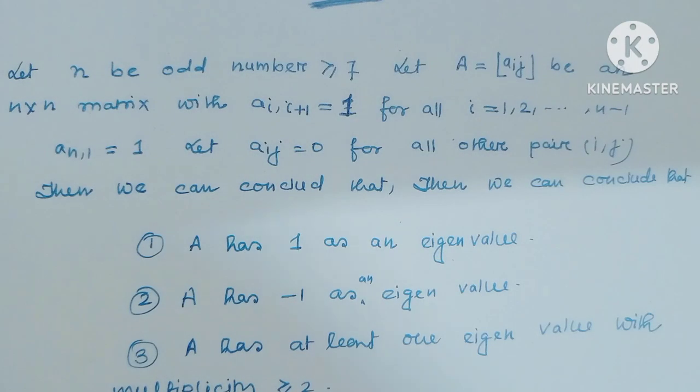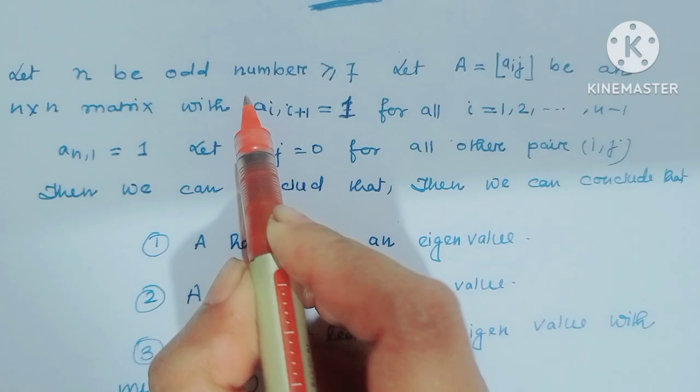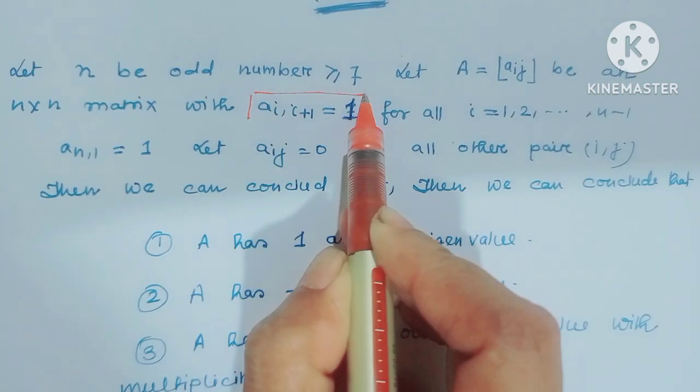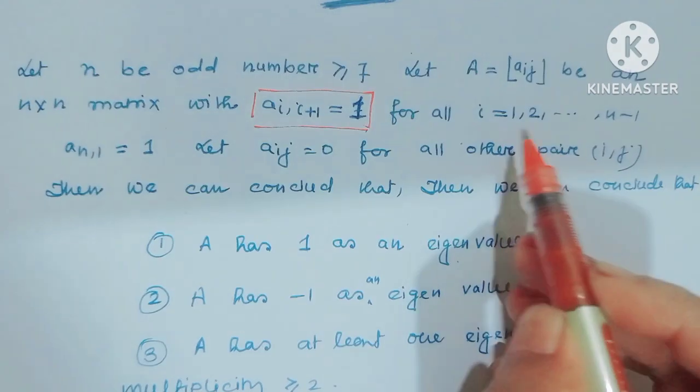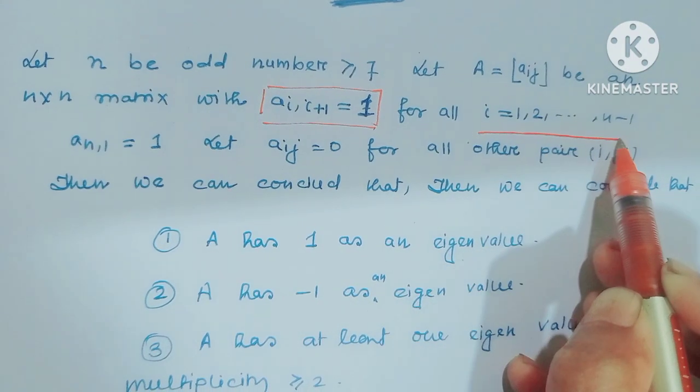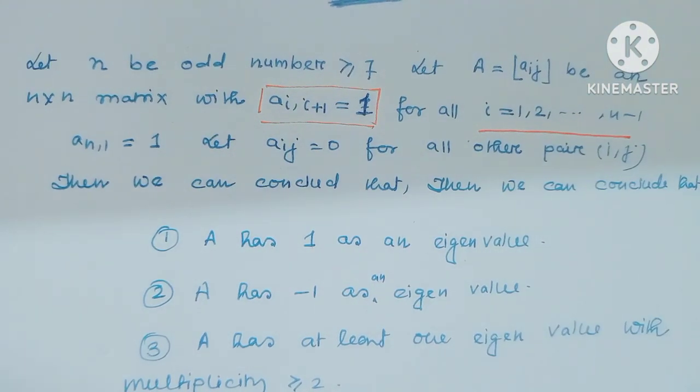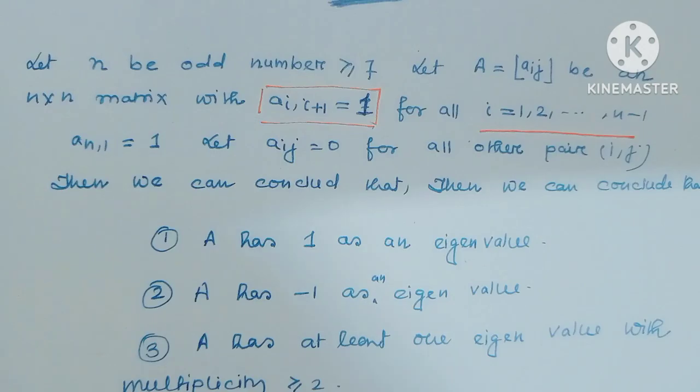Next question: let n be greater than or equal to 7 and A_ij be an n cross n matrix such that a_{i,i+1} equals 1 for all i equal to 1 to n minus 1, a_{n,1} equals 1, and let a_ij equal 0 for all other i and j.